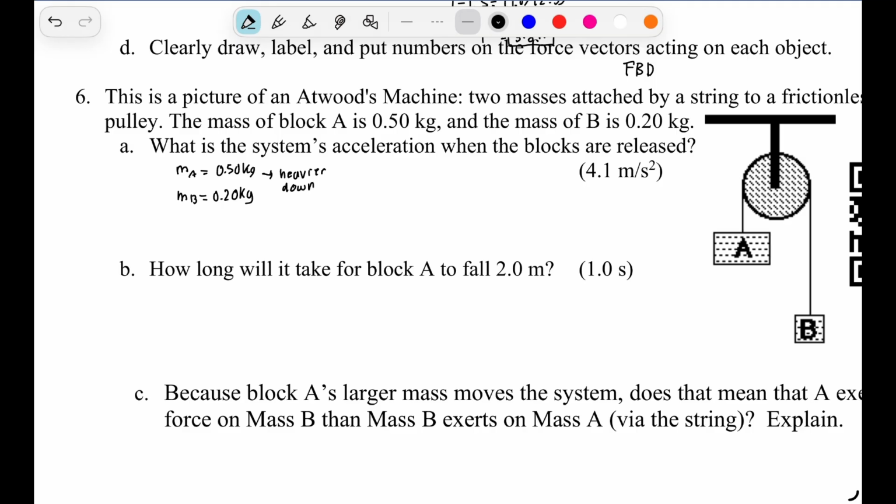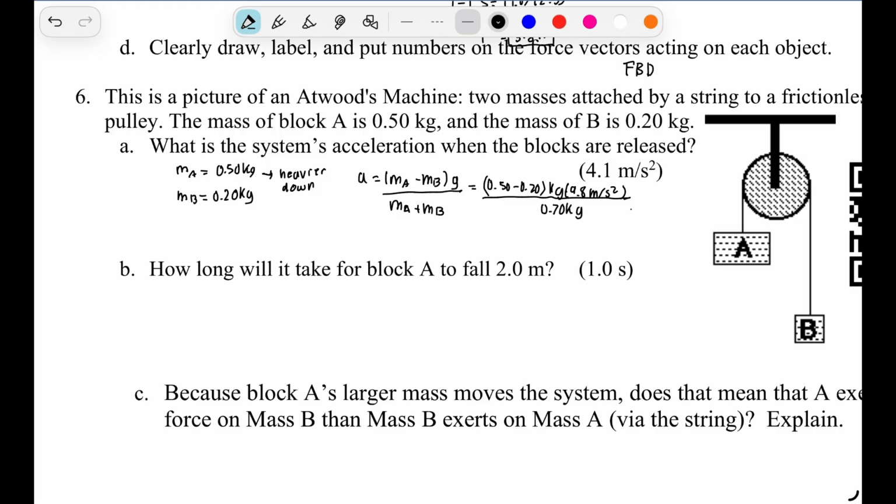So, in order to find the acceleration, for Atwood machines, the acceleration is equal to the mass of A minus the mass of B times the gravity, divided by the mass of A plus the mass of B. If we plug in, we have 0.50 minus 0.20 kilograms times 9.8 meters per second squared, divided by 0.70 kilograms.